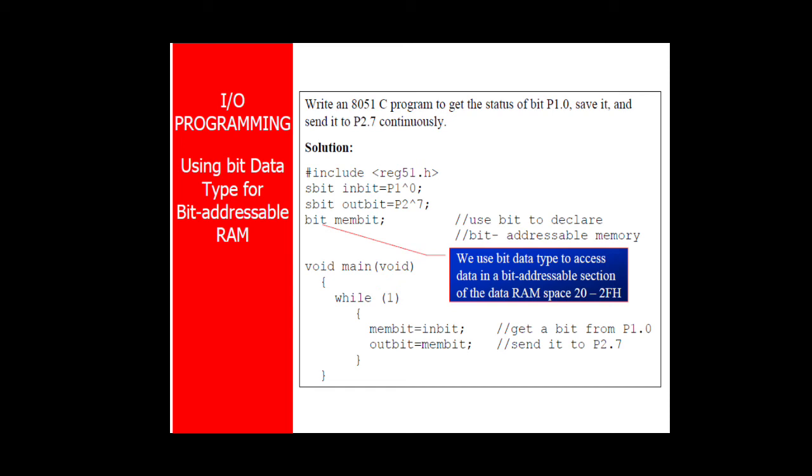We have two variables of SBIT type, that is inbit and outbit. Inbit is P1 raised to 0 and outbit is P2 raised to 7. Bit membit, use bit to declare bit addressable memory. So initially in the for loop, membit is equal to inbit value, that is get a bit from P1.0, then outbit is equal to membit, send it to P2.7.